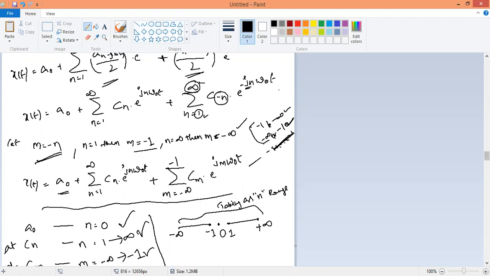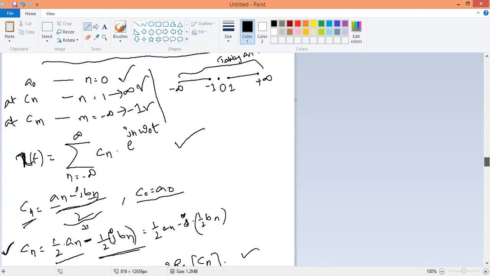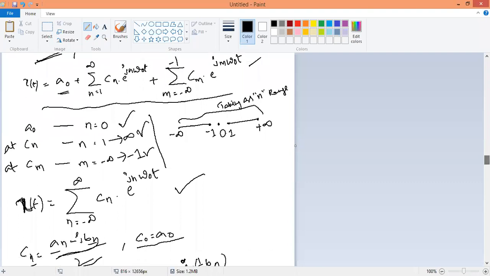Next, see the limits. At n equals 0, the a naught value will come. Next, what are the minimum and maximum values of n for the cn term? n equal 1 to infinity. And what are the minimum and maximum of m? m equal minus infinity to minus 1.